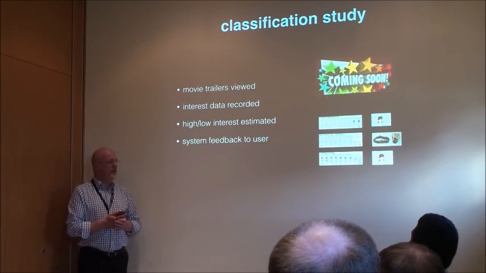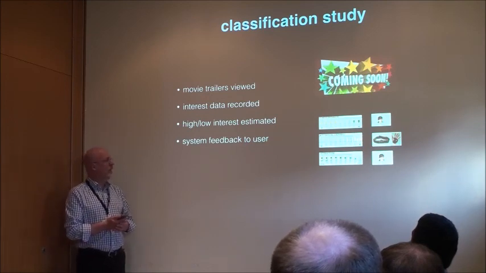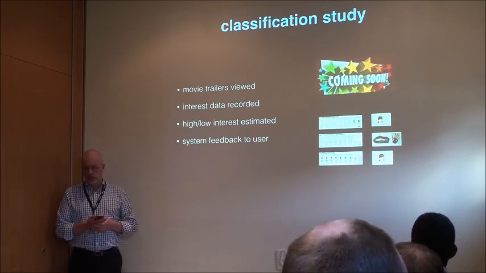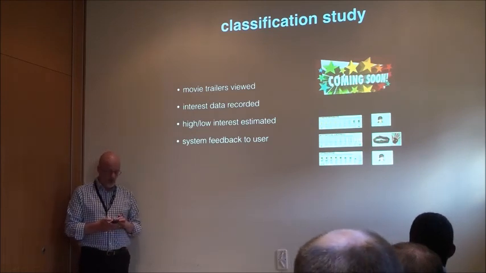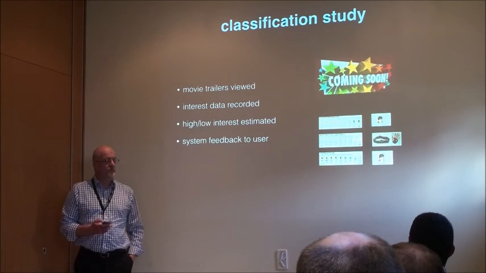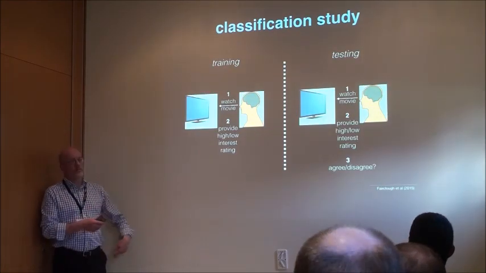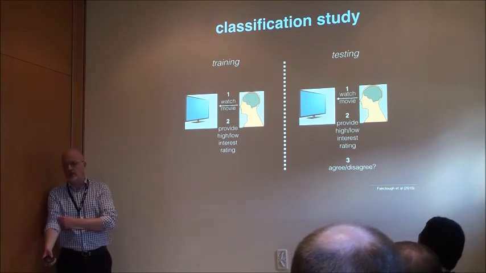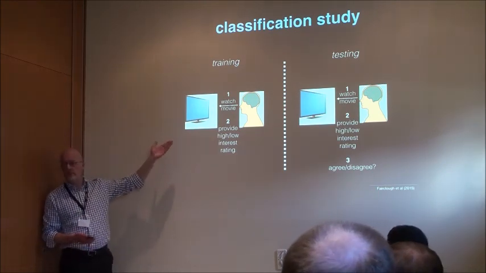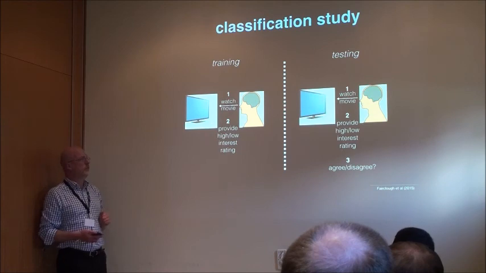And what we did in this particular experiment was that we provided feedback to the user about what was going on. Now this experiment, the way it was designed, had 2 stages. If any of you are familiar with machine learning, you'll understand why this is. We have a training phase for the machine learning, and then we have a testing phase for the machine learning.